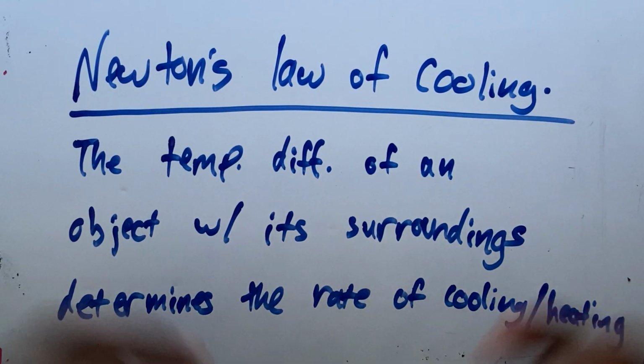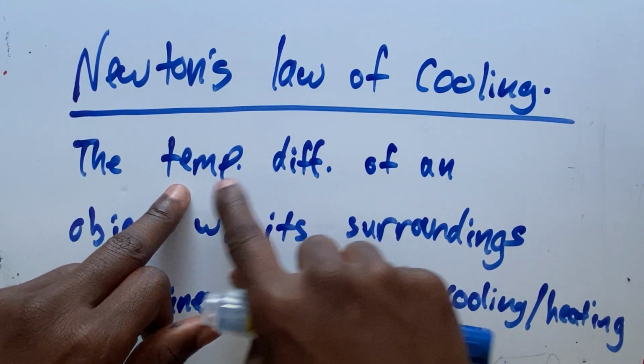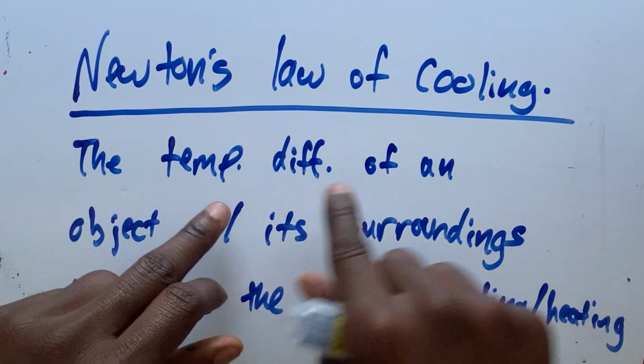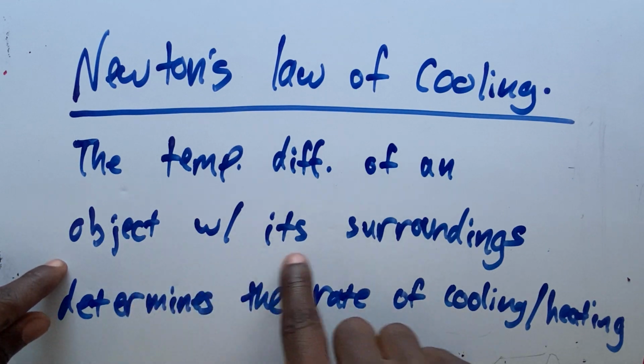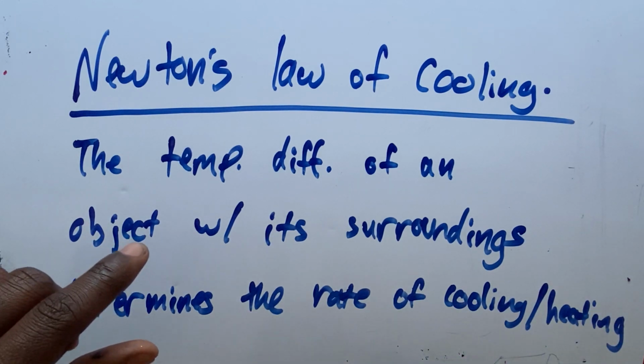So Newton's law of cooling basically says the temperature difference of an object with its surroundings determines the rate, or how fast it heats up or cools down.